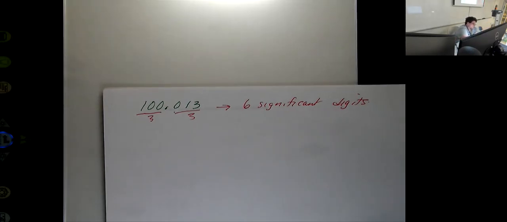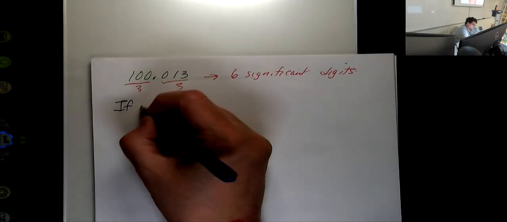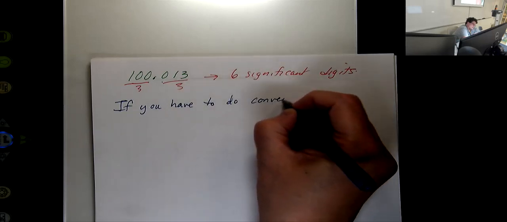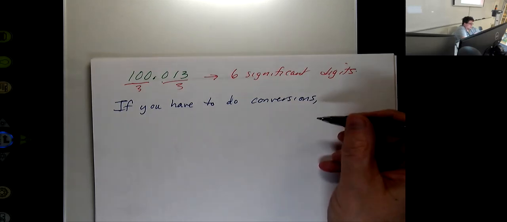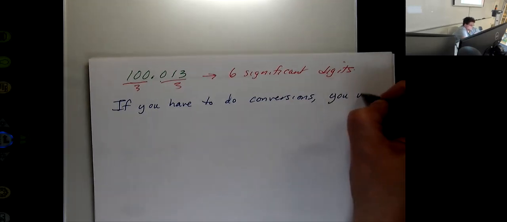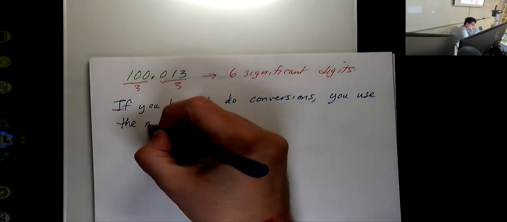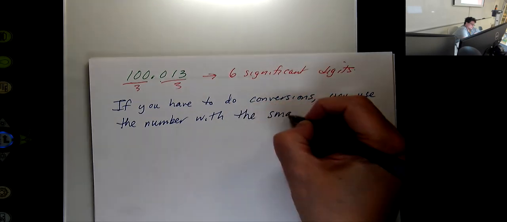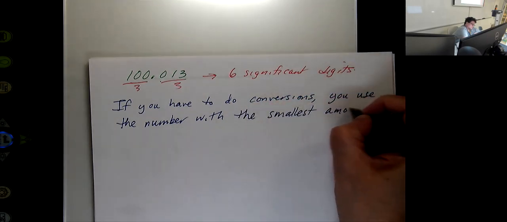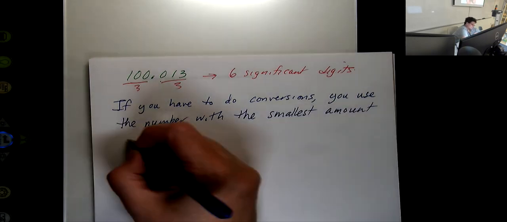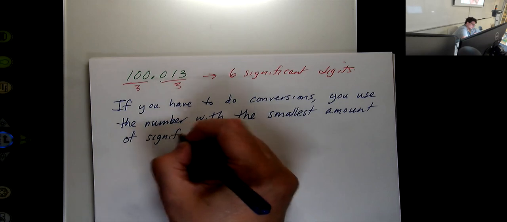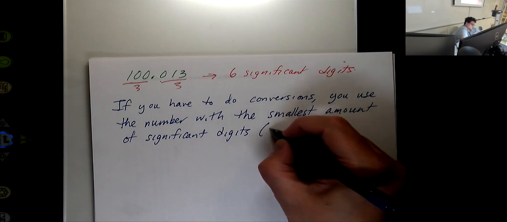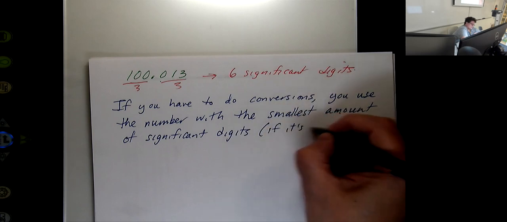If you have to do conversions, you use the number with the smallest amount of significant digits, if it's clear there was rounding.